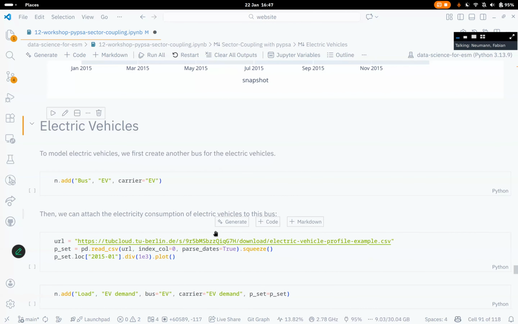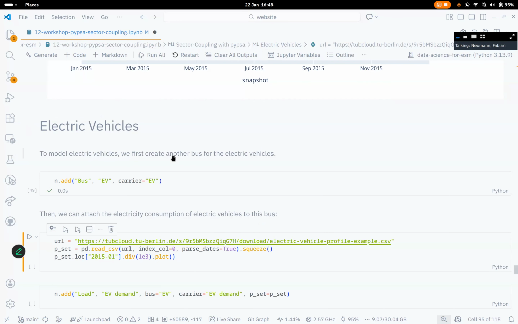And with everything that I'm showing, it's very stylized modeling, but for modeling electric vehicles, where you have some amount of demand side management and maybe also some vehicle to grid technology to discharge the battery from the electric vehicle into the grid, we can also model that with a separate bus that represents our fleet of EVs, not necessarily a single EV.